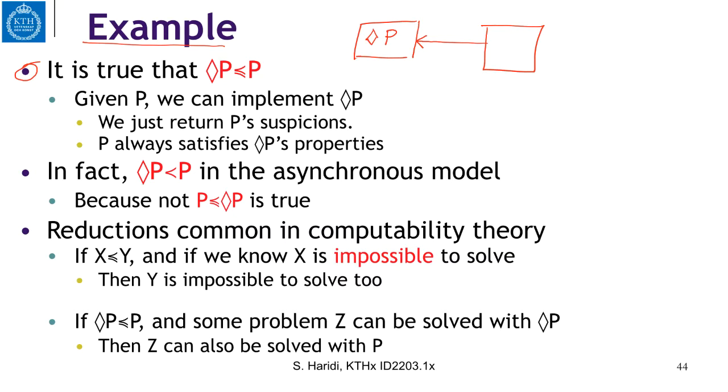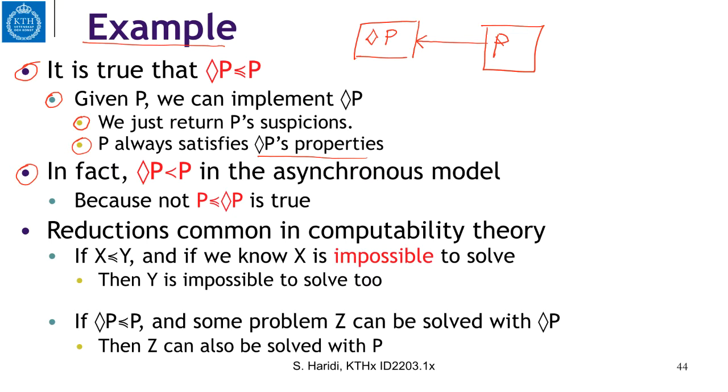The eventual failure detector can be implemented by the perfect detector P. So we just use P as an implementation of diamond P, and we just return P's suspicions as the result of diamond P. All traces of P are included in all possible traces of diamond P, therefore P satisfies diamond P's property.